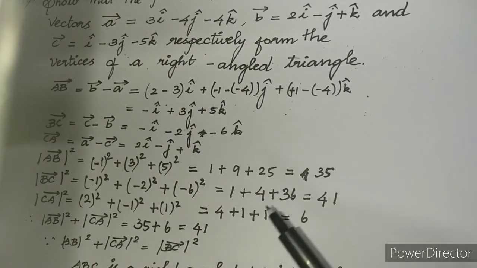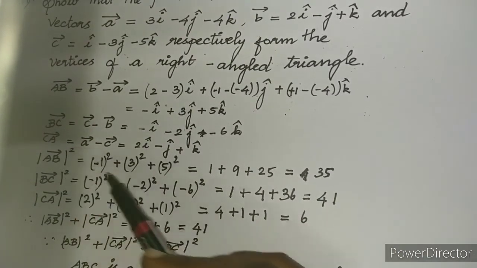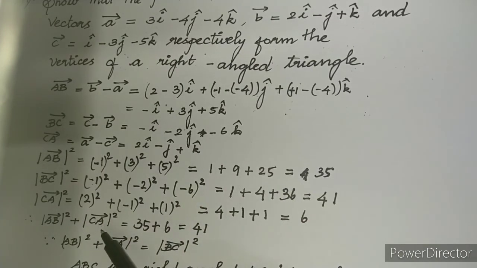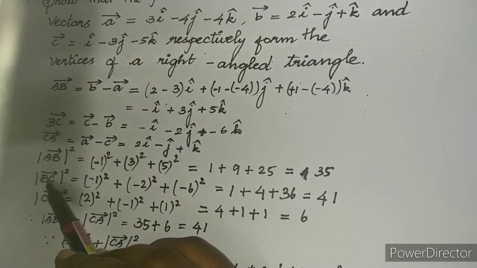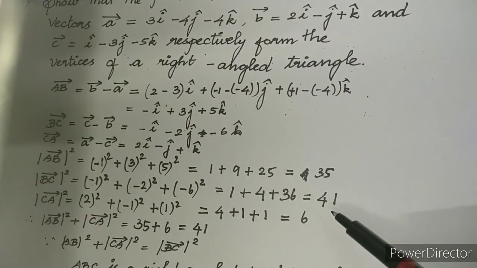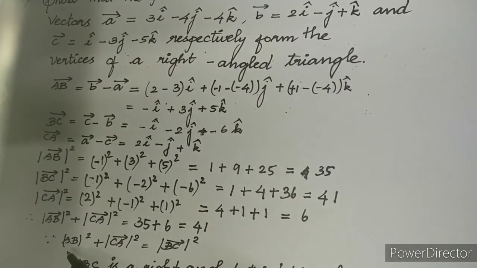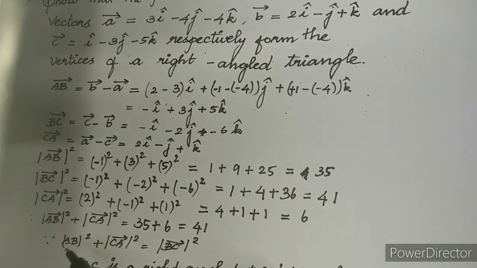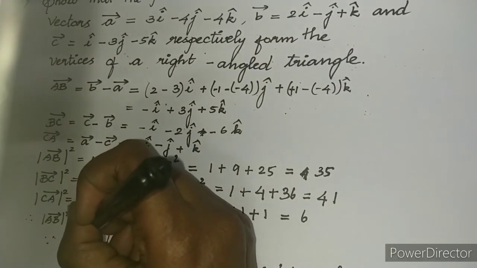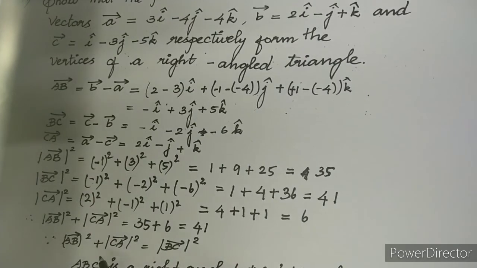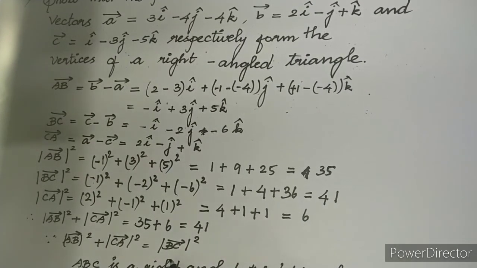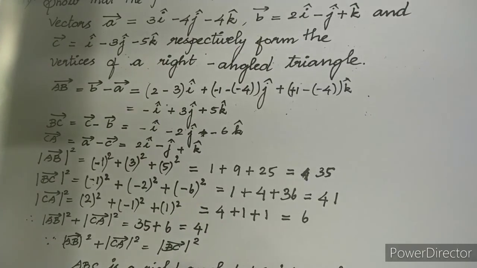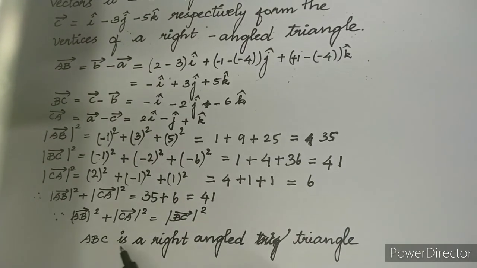If you observe now, the magnitude of AB whole square plus the magnitude of CA whole square is equal to the magnitude of BC whole square, which is both 41. So magnitude of AB vector square plus magnitude of CA vector square is equal to magnitude of BC vector square. So ABC is a right angled triangle.